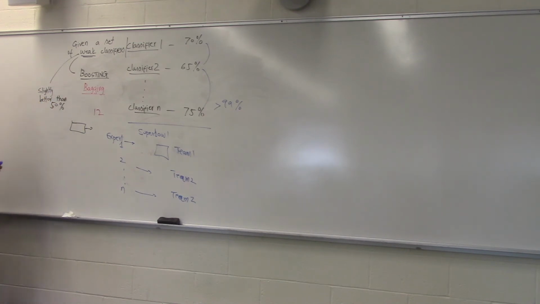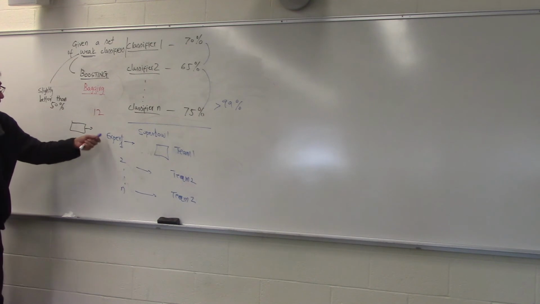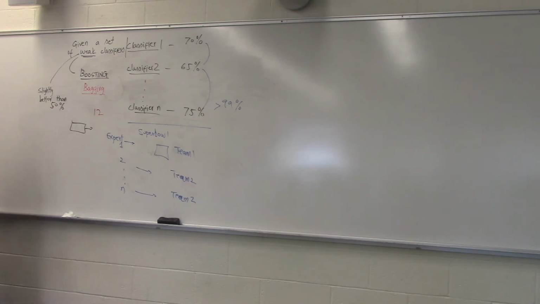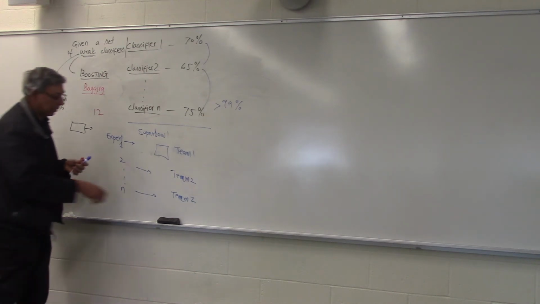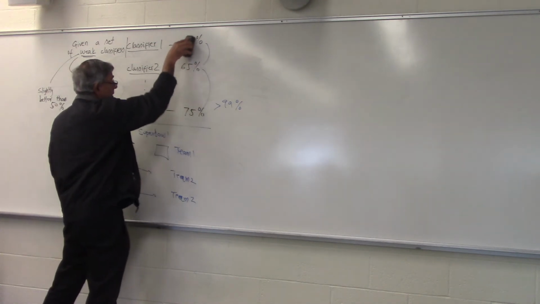So these experts are not like when people are on television, when really great experts come in and perhaps they have more insight or more accuracy. But let's pretend we have a set of classifiers, and 70% is too high.